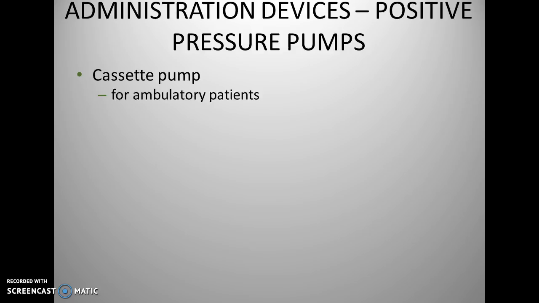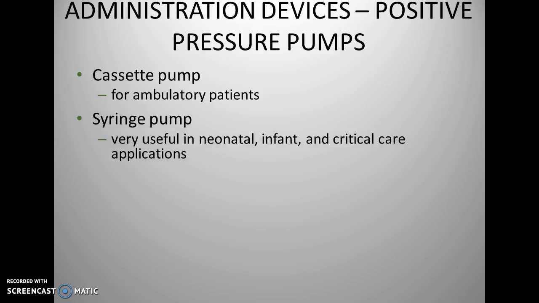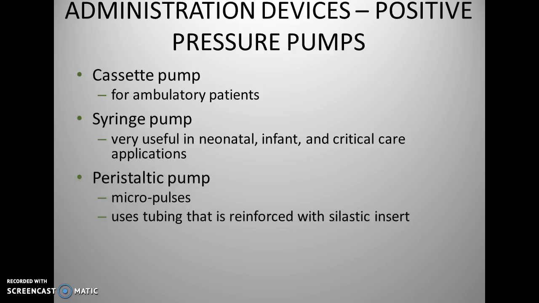So basically, you have a set pump, and these are for individuals that can move around. You have a syringe pump, which is useful in individuals, very young children, and then infants, individuals who are in a critical care situation.